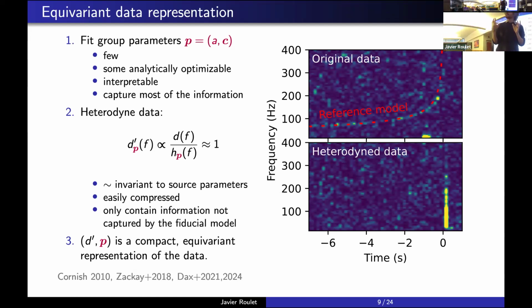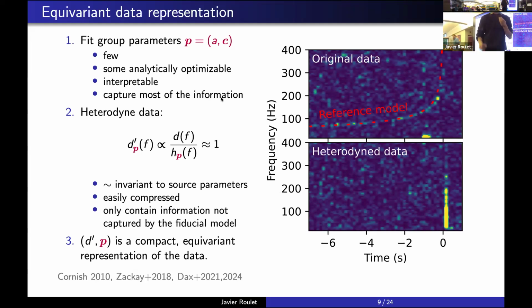And so this step is not amortized. You have to do it after you get every piece of data, but it's not that expensive either. This is because these parameters are very few. Some of them, like amplitudes and phases, are analytically maximizable. Another advantage is that these parameters have a very clear physical meaning. We understand that this coefficient controls the length of the signal, this coefficient controls the amplitude, so they have a very clear meaning.